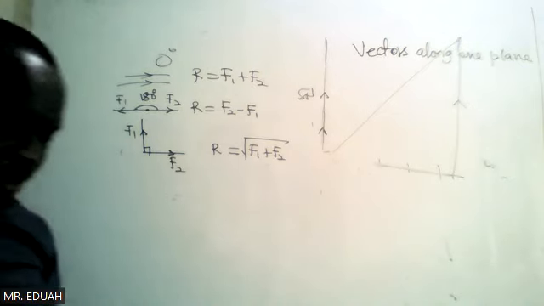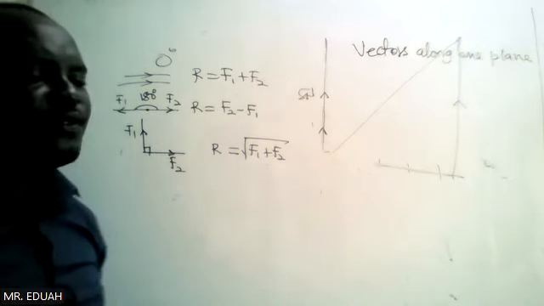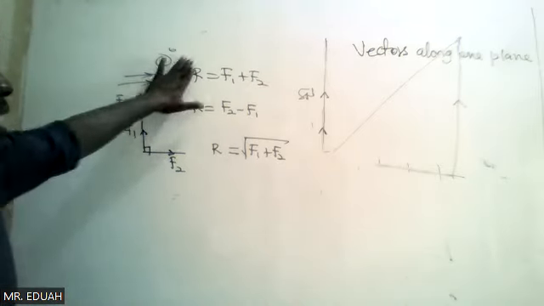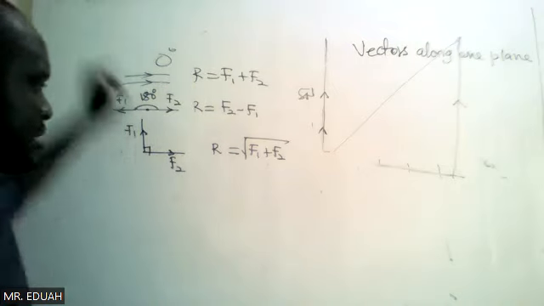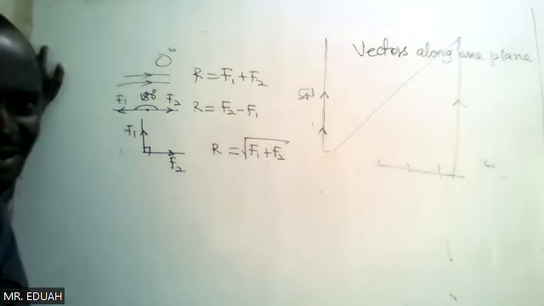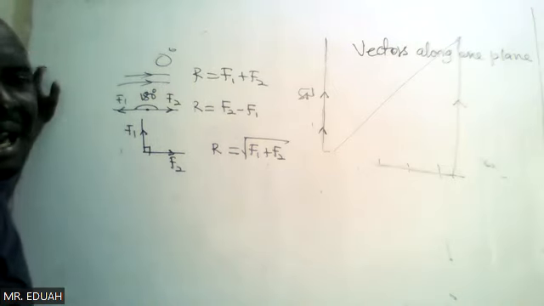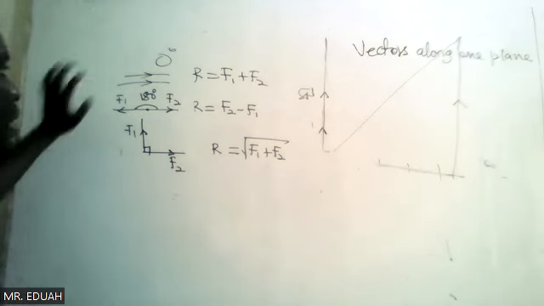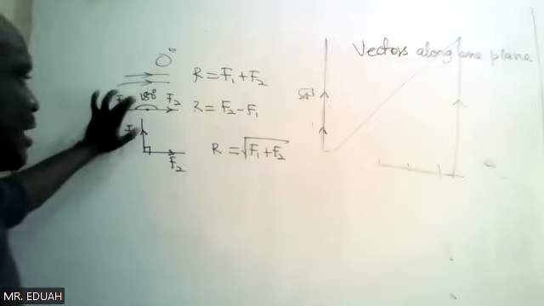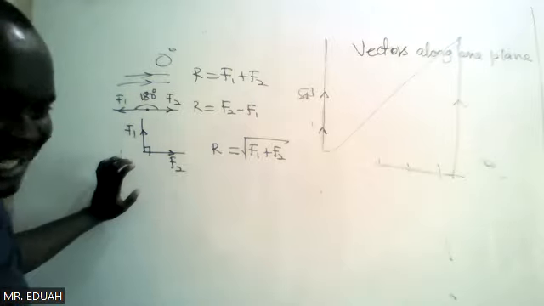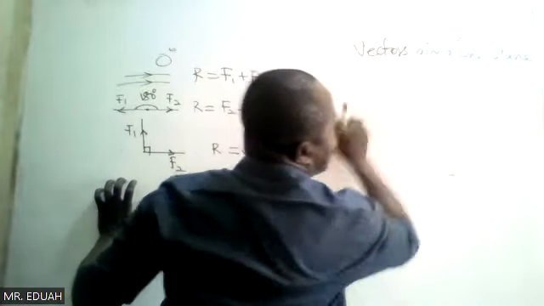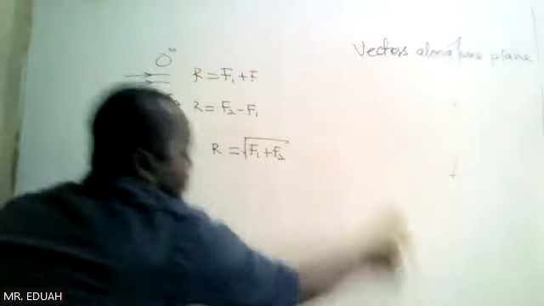Now, what if the angle between them is not any of these three situations? An acute angle or an obtuse angle. Don't forget this is 0, this is 180, and this is 90. So let's look at when the angle between them is either acute or obtuse.